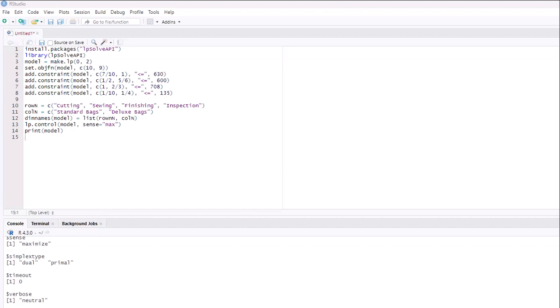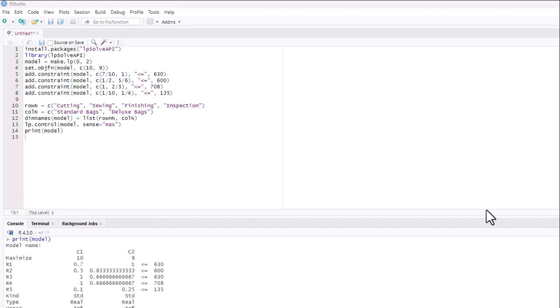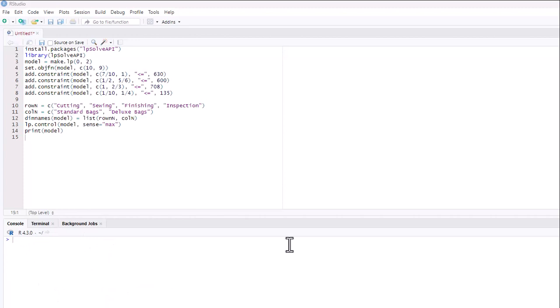It will be something like this. You can see that our problem is changed to maximization. In this lpSolve package, you always have to use this function solve.